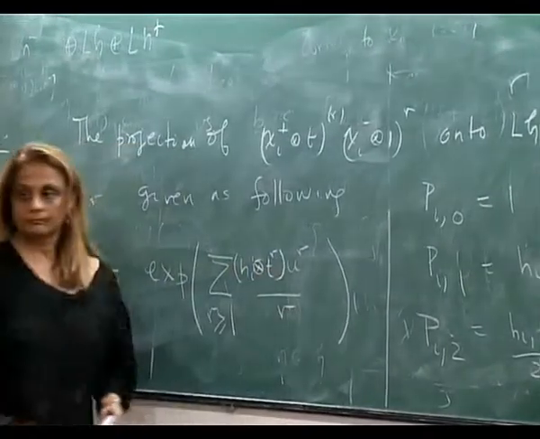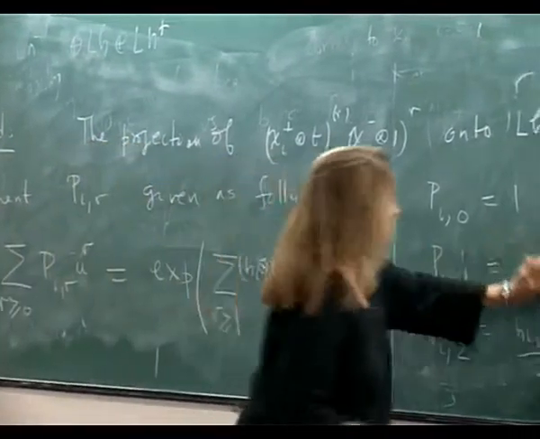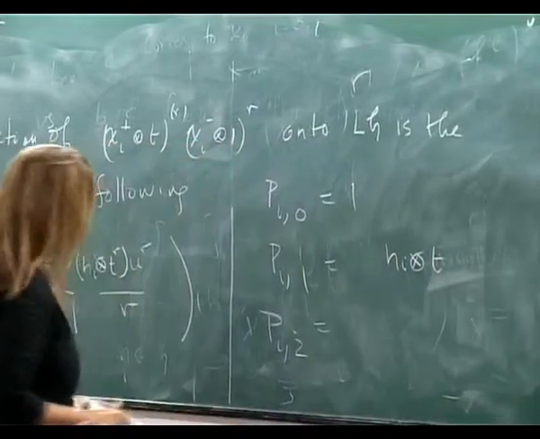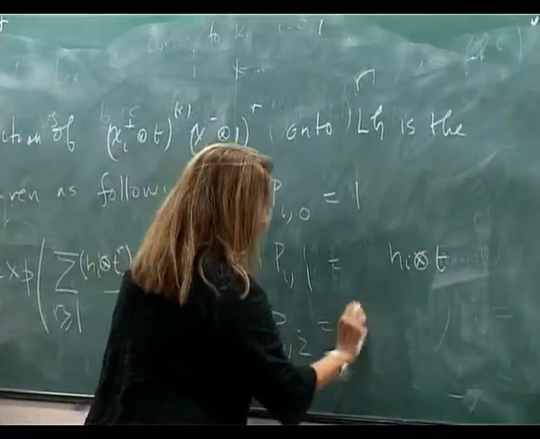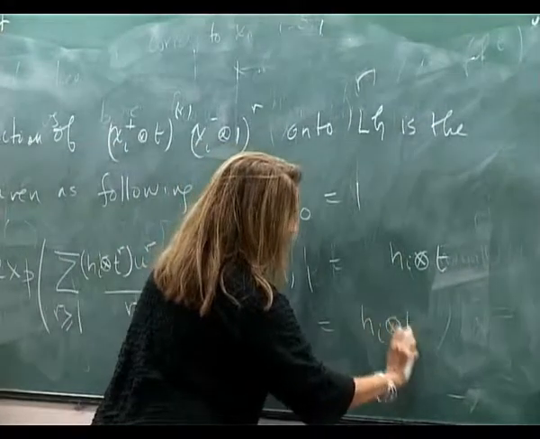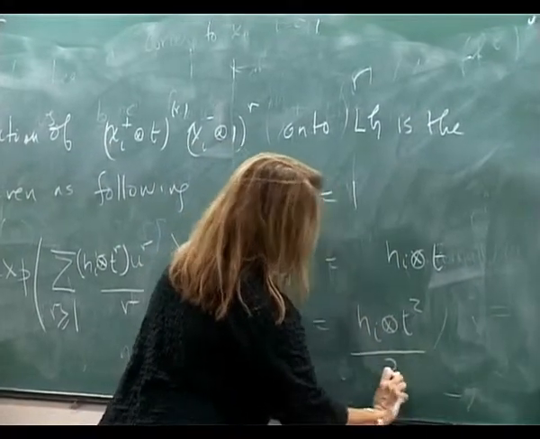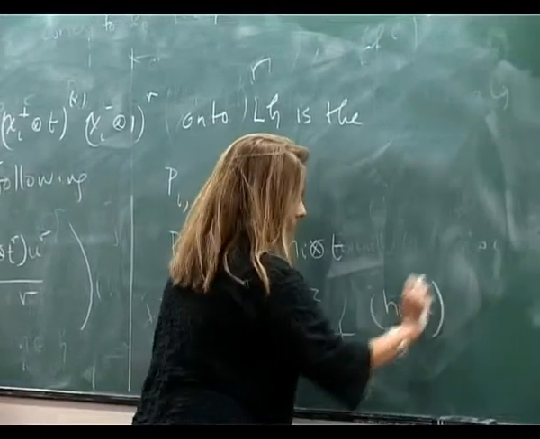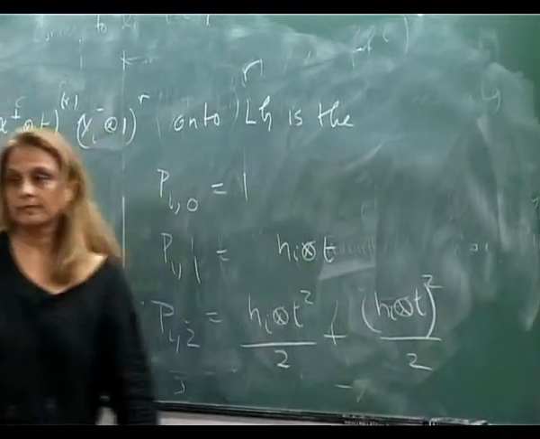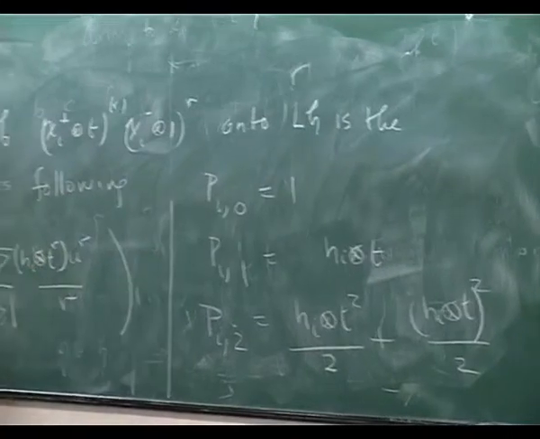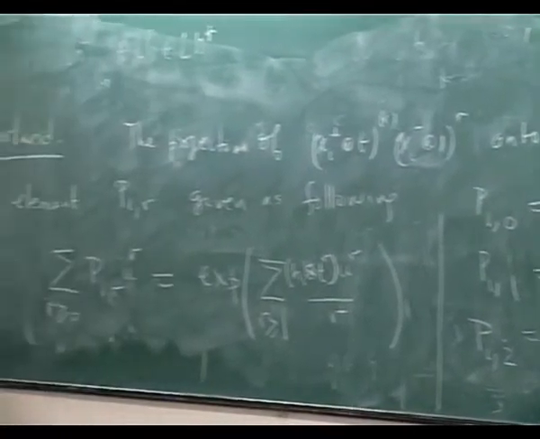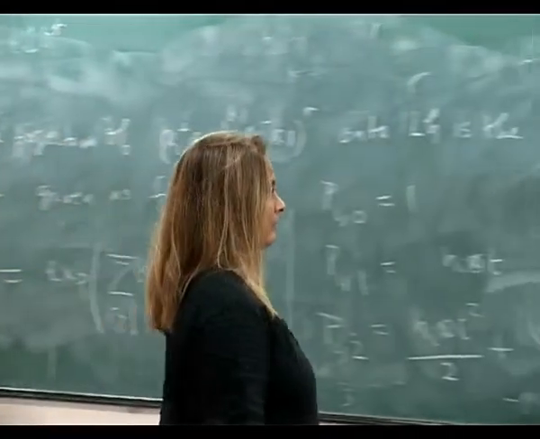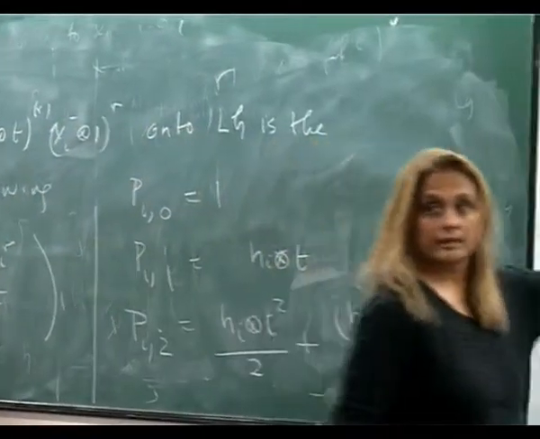So this is HI tensor t. The second one will come from HI tensor t squared over 2 plus HI tensor t all squared over 2. Okay. And so you can calculate. I thought there should be a minus sign, but I couldn't see it over here, so I didn't put it in. Over here it doesn't show.